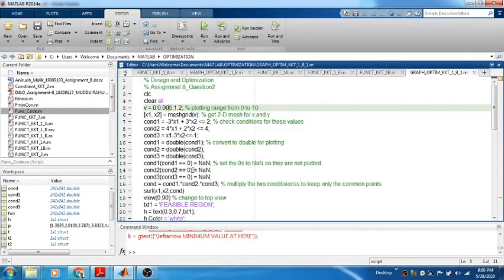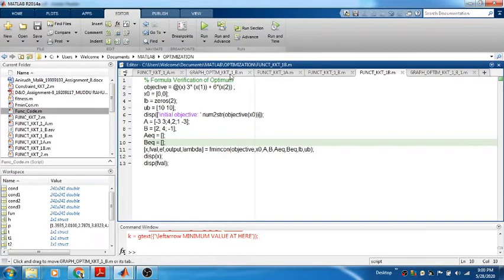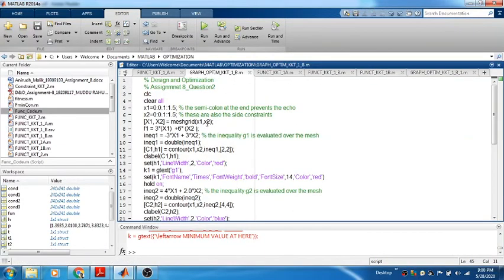I have already written the code here. If you see, the code is here. X1, x2 are the same as the last one, and right now we have the objective function, which is 3.